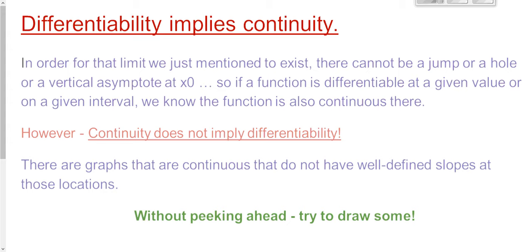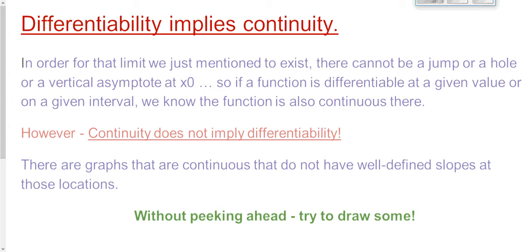Try to draw some graphs that are continuous but not differentiable. What are some problems that can come up in terms of defining slope on a continuous graph? Do you understand the task? The task is to try to draw some functions that are continuous yet not differentiable. What sort of problem shapes can you make? Pause the video, draw, and come back.